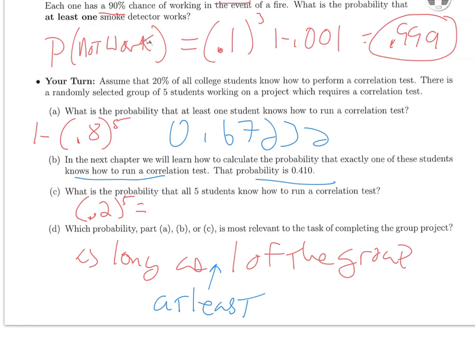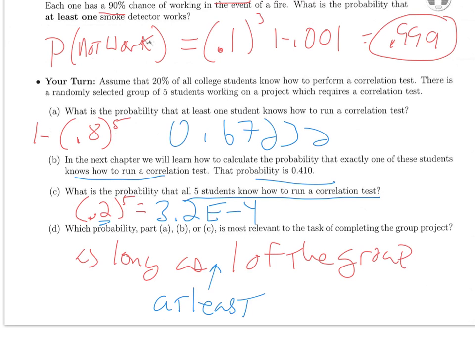And then what's the probability that all 5 students know how to run the test? Well, each student has a probability of 0.2, so 0.2 to the 5th. I'm going to do what my calculator's telling me, and then I'm going to talk about how to be smarter than the calculator.